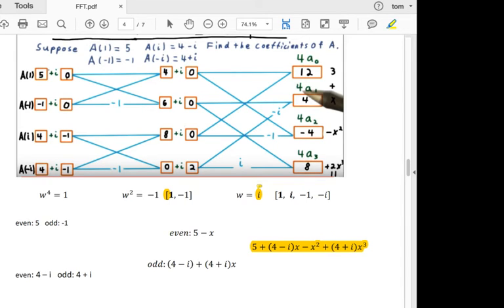Even is just plus 1. 4 plus 8 is 12, no problem. And here is negative 4, no problem. And for this part, actually, we need to use the minus 1. So it's 6.